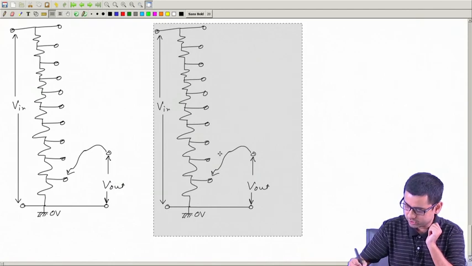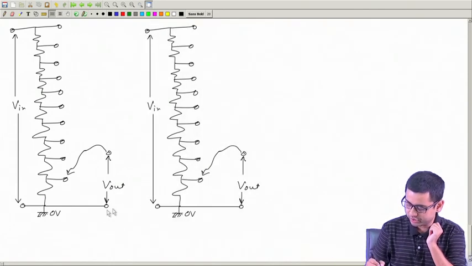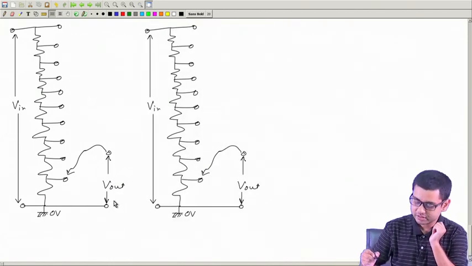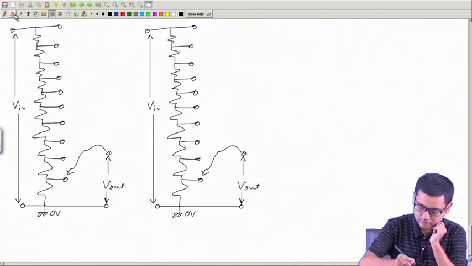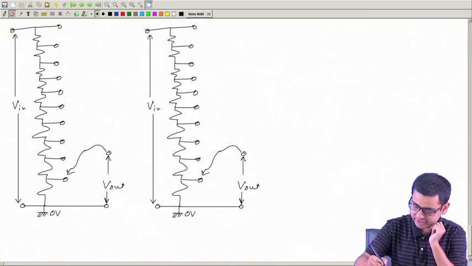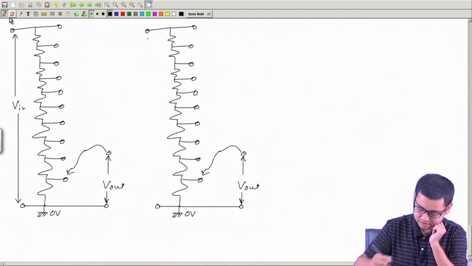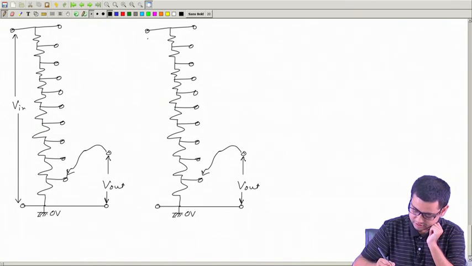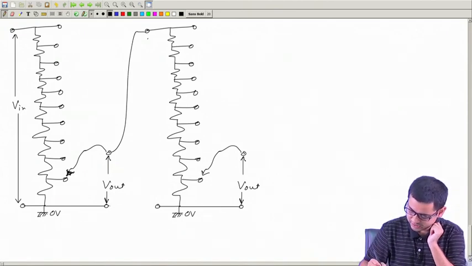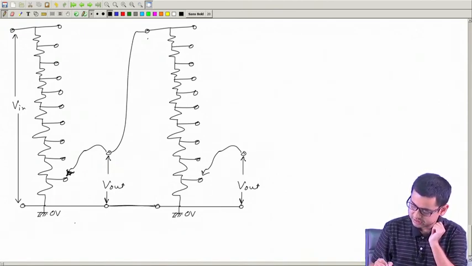Now, if I want to divide by a factor of 100, this is dividing by a factor of 10, and this is also dividing by a factor of 10. So what can I do? I can do it like this. I will bring this output here, connect this, and take the final V out from here.